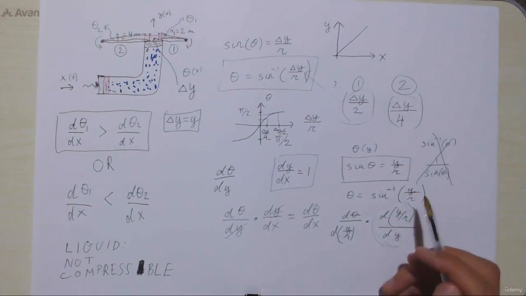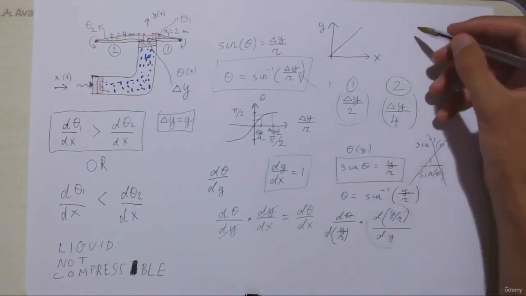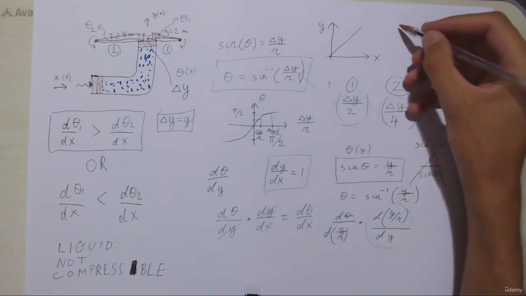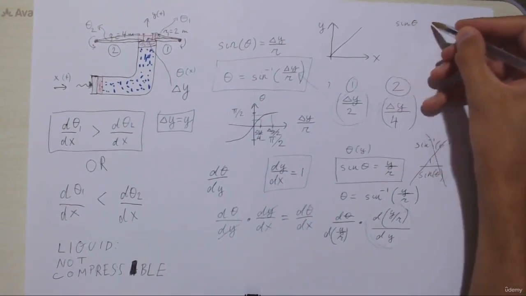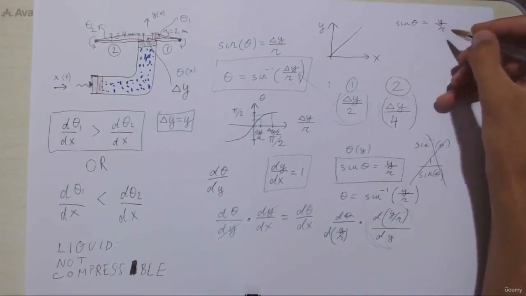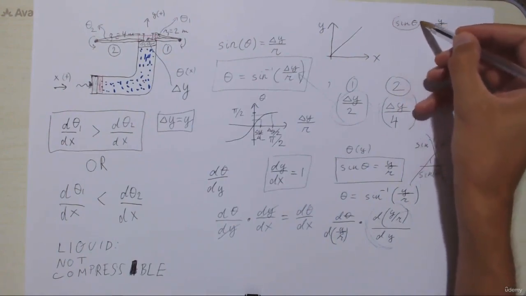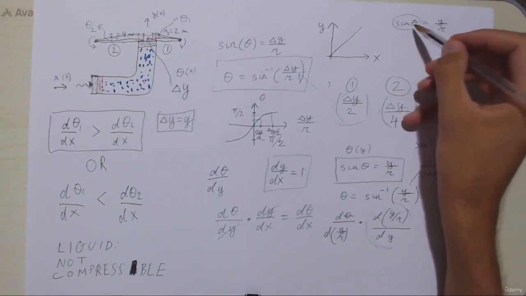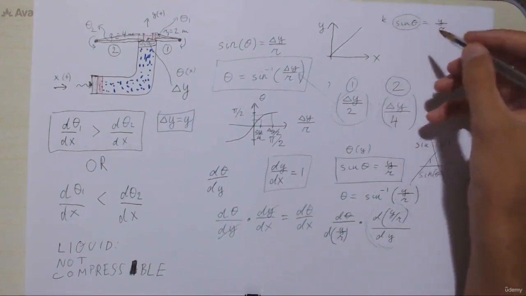There is a better way to do it, because what I can do is that I can simply say sine theta equals y over r. Now, what I can do, I can say that this function, sine theta, is k, right?